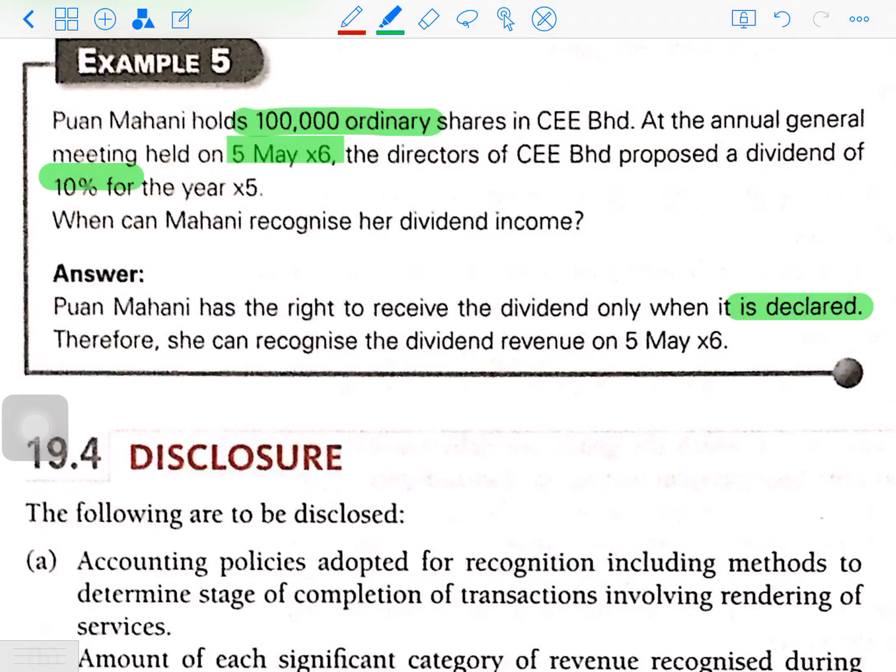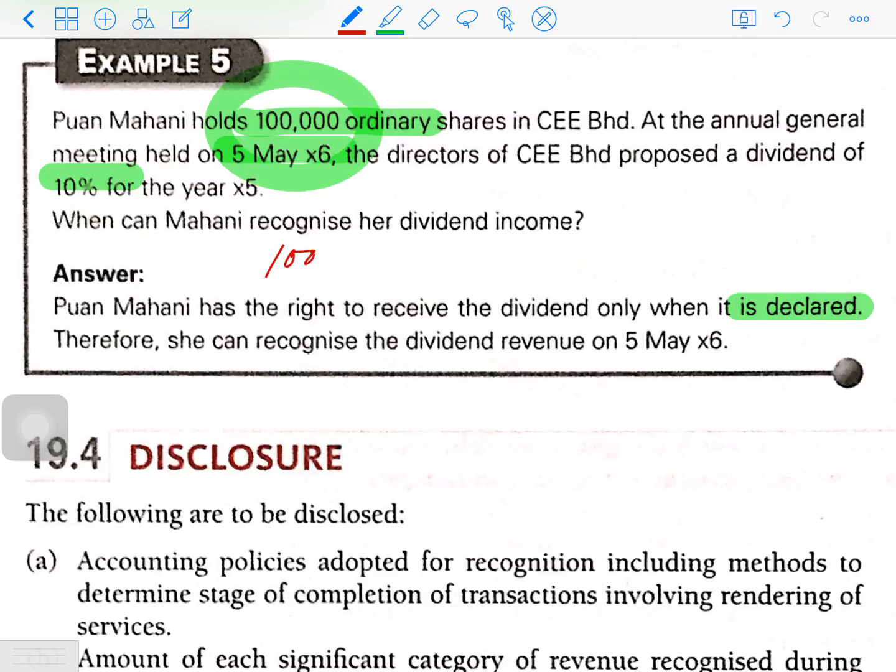5th May 2006. Therefore, how much can she recognize? 10%? You didn't mention the par value here, right? If the par value is $1, that means 10% of 100,000 times $1 each.